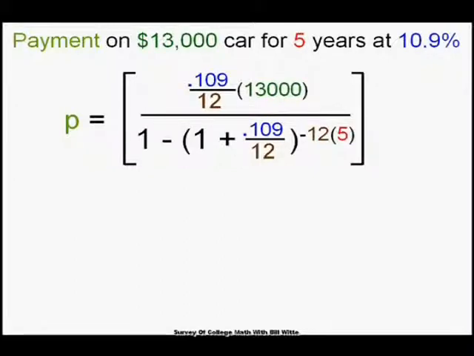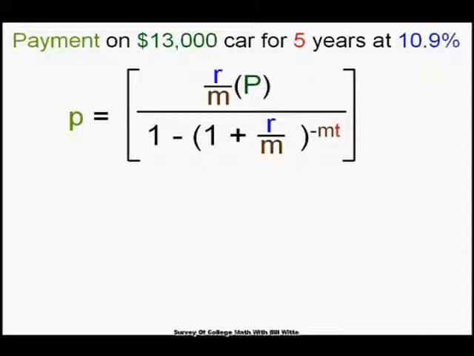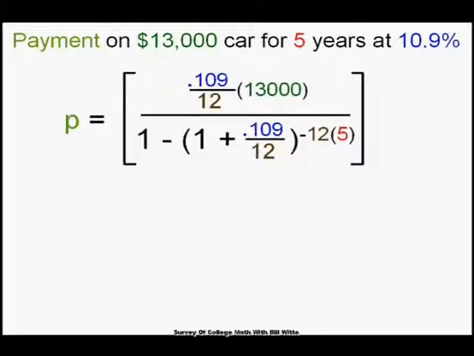And in this case, we wanted to know the payment on a $13,000 car for 5 years at 10.9%. So look at the big P. We put in, as you can see, the principal, the amount we would have called the future value, the amount they're going to give me right now, or we'll actually call it the present value.